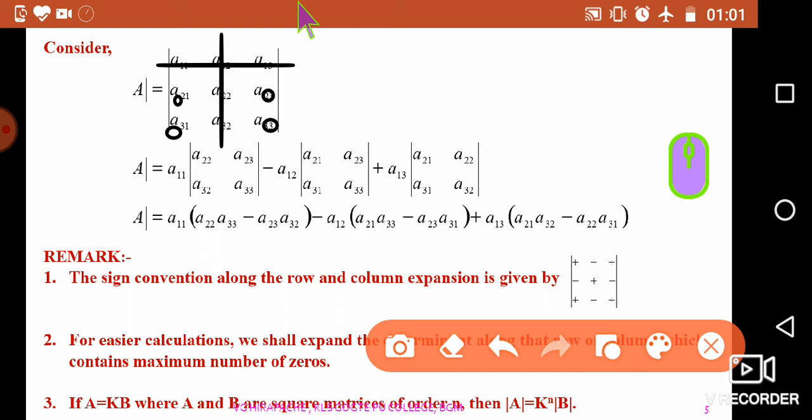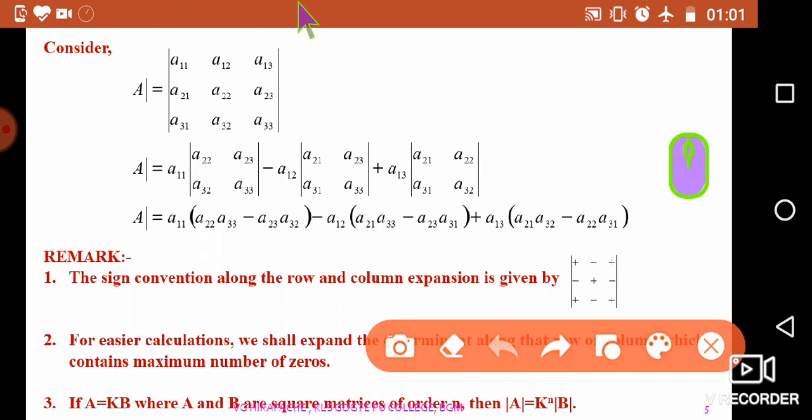Before I go to the next element of the same row, we write a plus sign. This is plus A13. Deleting the row and column consisting of A13, we are left with the elements A21, A22, A31, A32. Therefore, we have the determinant of the second order.